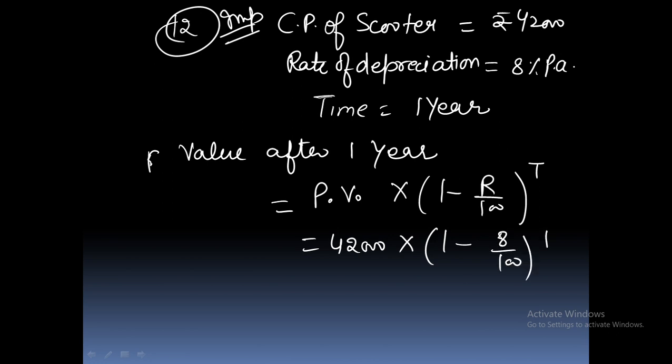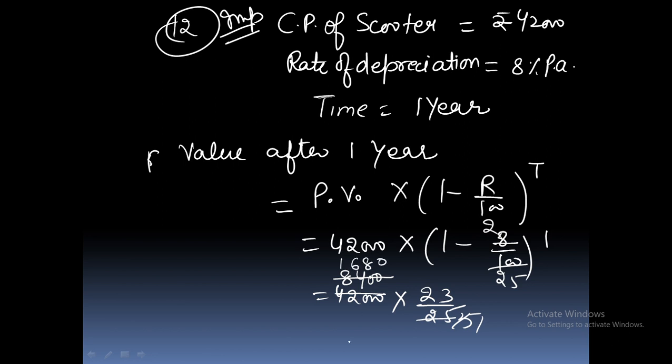Power is 1. 4 2s are 8, 4 25s are 100. 42,000 multiply, after solving this statement, we will get 25 minus 2, 23 by 25. 5 5s are 25, 5 8s are 40, 5 0 0.